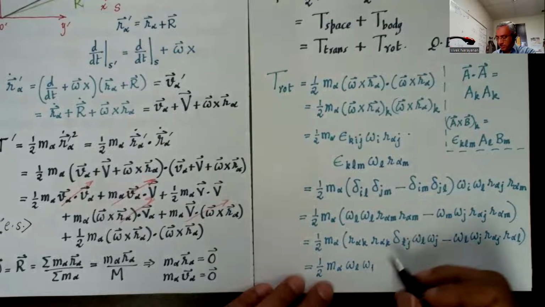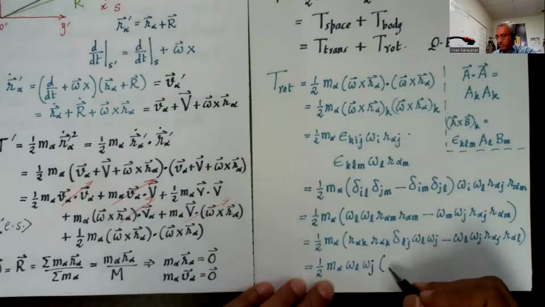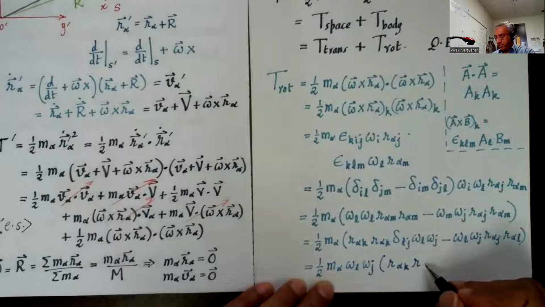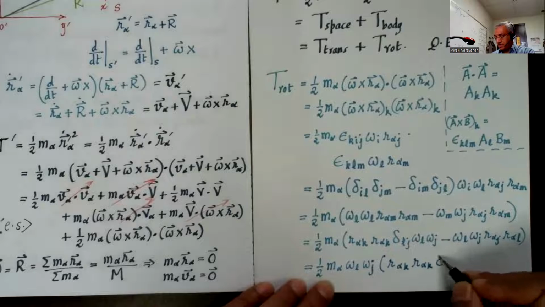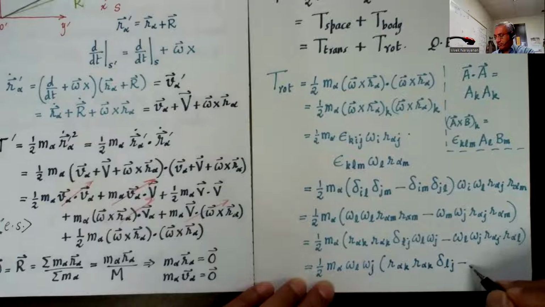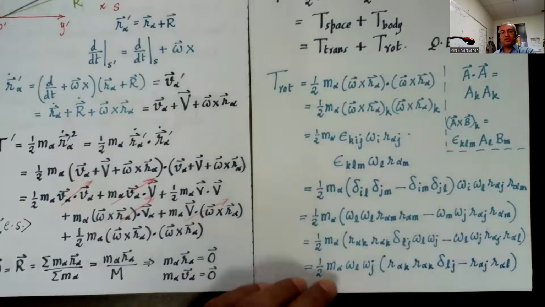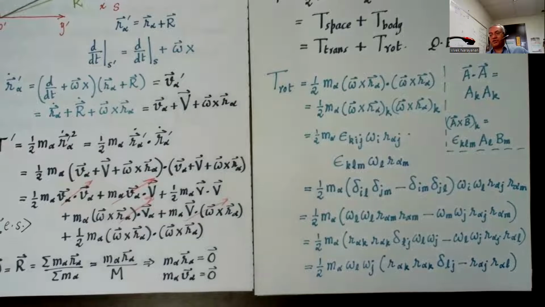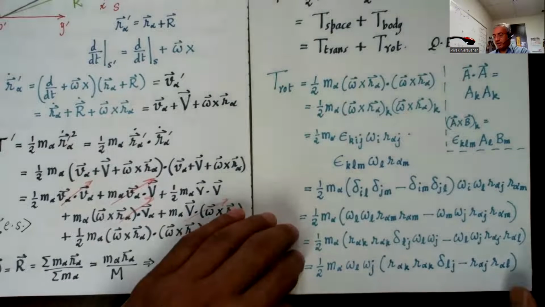That's the thing we are after: R alpha K, delta Lj, minus R alpha J, R alpha L. This object that looks fairly scary is called the moment of inertia tensor, and it's written as capital I.